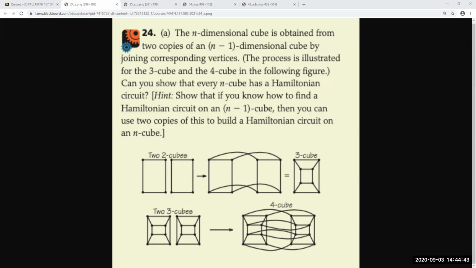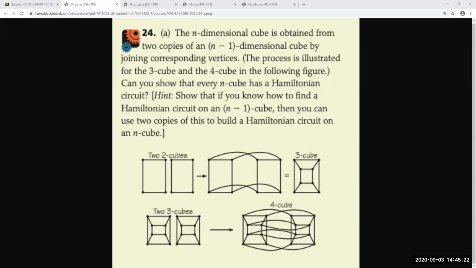So you can try to mimic the Hamiltonian circuit in the one cube: follow this circuit from here to here, but instead of going back, you go below. Then again you do the Hamiltonian circuit, but in reverse order, or its mirror image, and go back using this path, so that you have the Hamiltonian circuit.